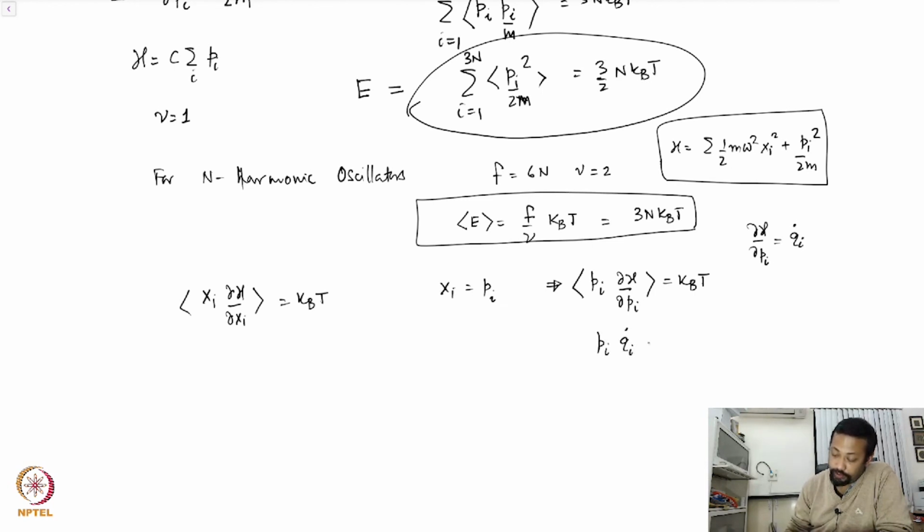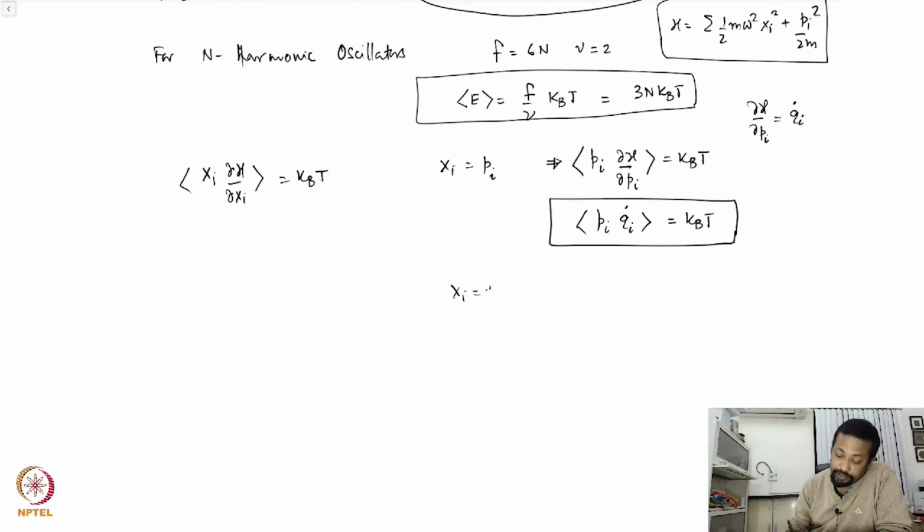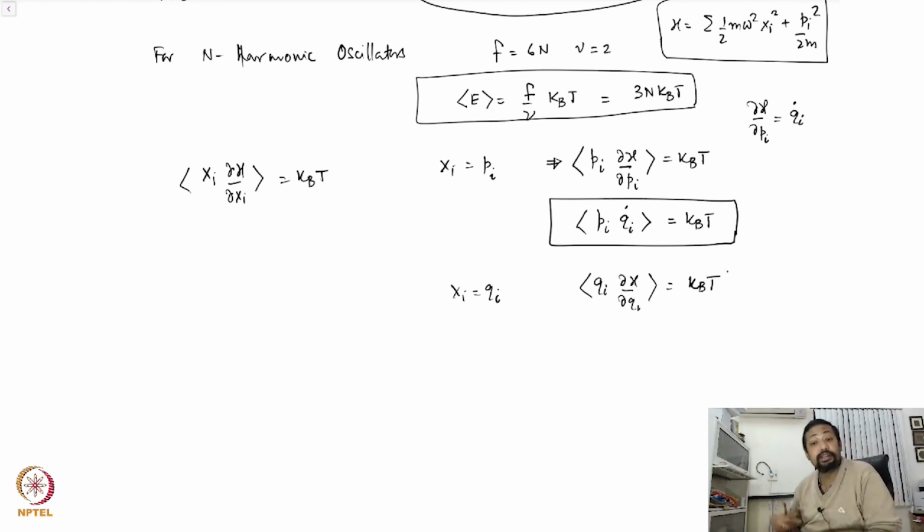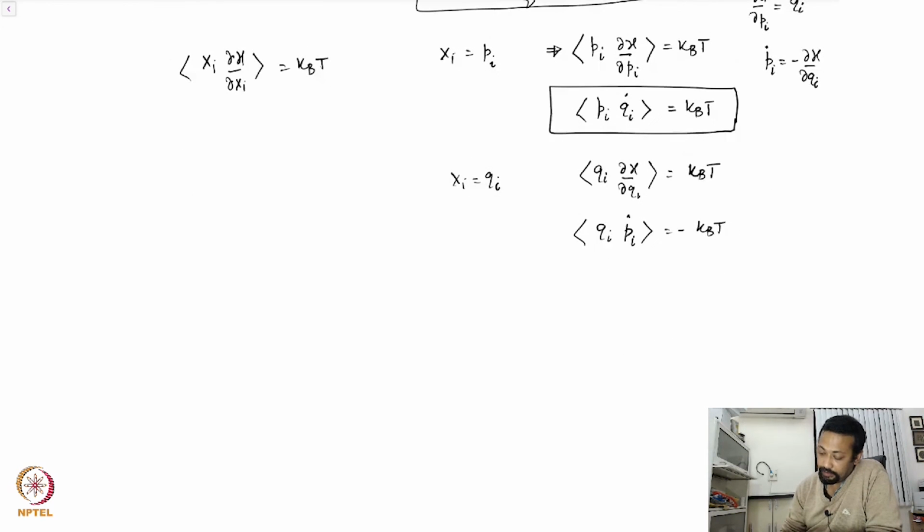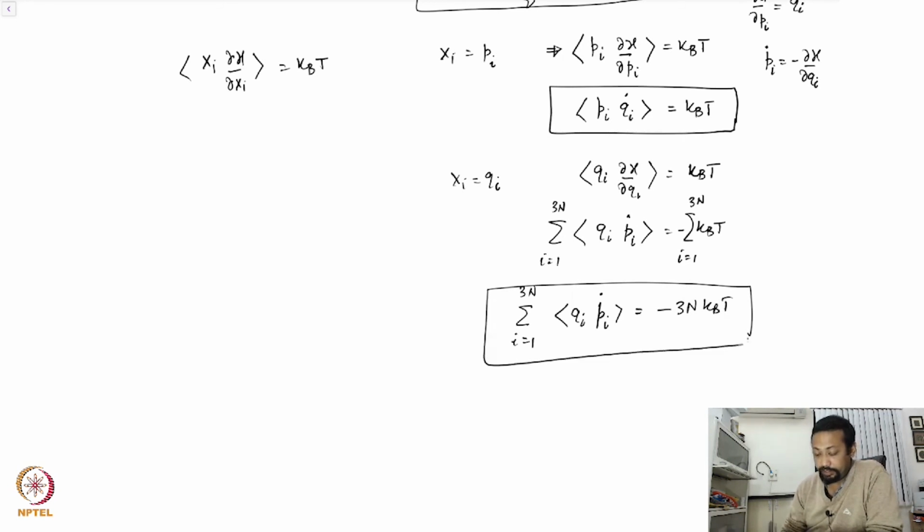So p_i q_i dot is equal to k_B T. Similarly, if you choose your x_i as q_i, then this is q_i ∂H/∂q_i, which is going to be k_B T by the equipartition theorem, and p_i dot is minus ∂H/∂q_i, and therefore you have q_i p_i dot as minus k_B T. Now if you sum over i equal to 1 to 3N, the sum of q_i p_i dot is equal to minus 3N k_B T.